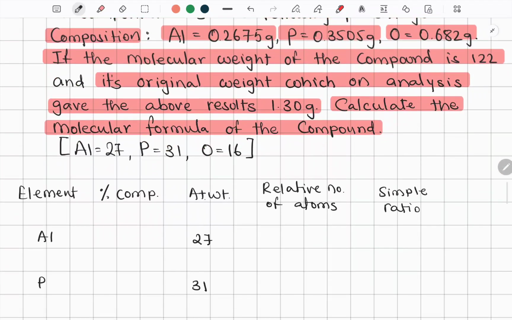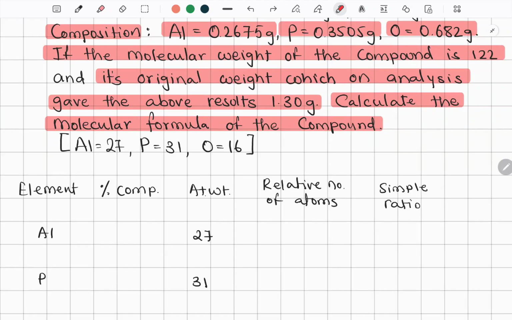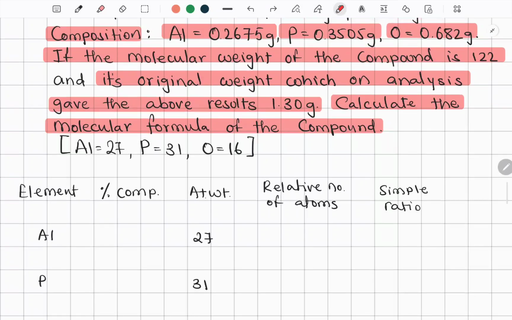Do not make the mistake of directly using these gram values as the percentage composition, because here we need the percentage composition by percentage and not in the form of weight. This is all nothing but weights. As I showed in the previous videos as well, if we don't have the proper percentage composition, how can we calculate it?